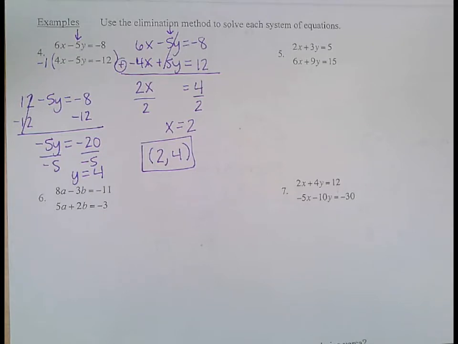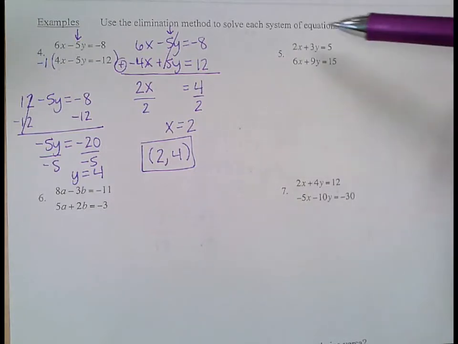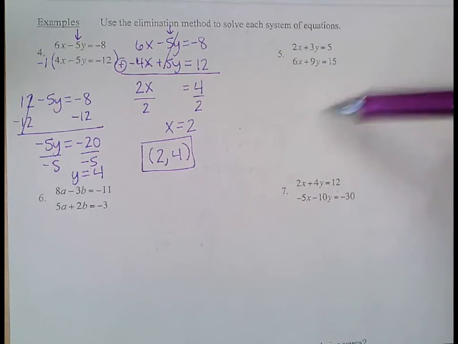Whether you're using addition or subtraction to cancel out the variable, you have to do that same operation to everything else. So same thing, I want your group to work on number 5, and if you get done, you can move on to number 6, but work on number 5. I'll kind of pick a group that I see as the right answer and ask one of you to explain what you did. But everybody work on number 5.